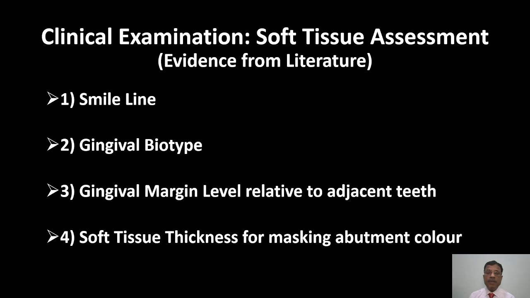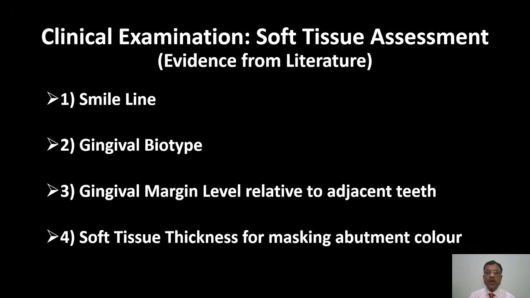So when we place an implant in the anterior aesthetic zone, there are certain challenges, and those challenges can be met only by doing a good intraoral and extraoral examination. So first we will discuss the soft tissue assessment that has to be done.